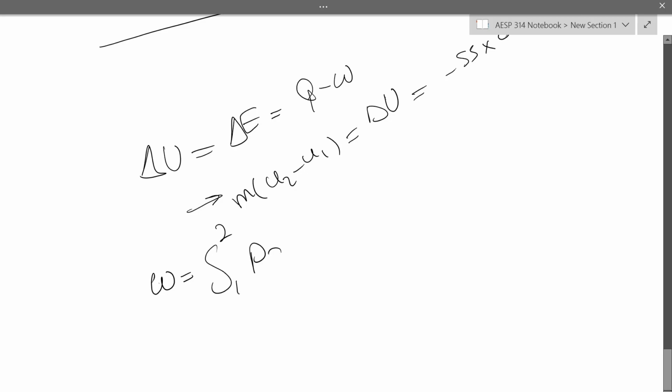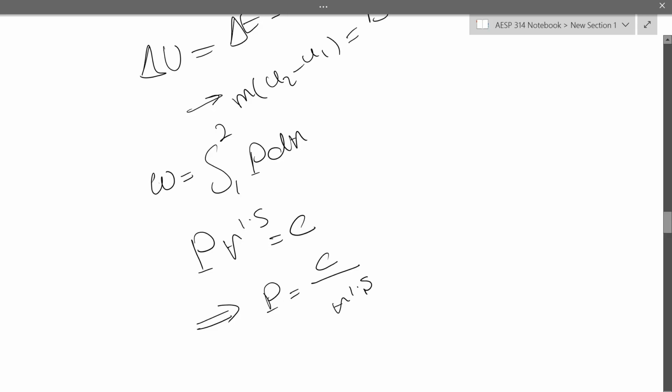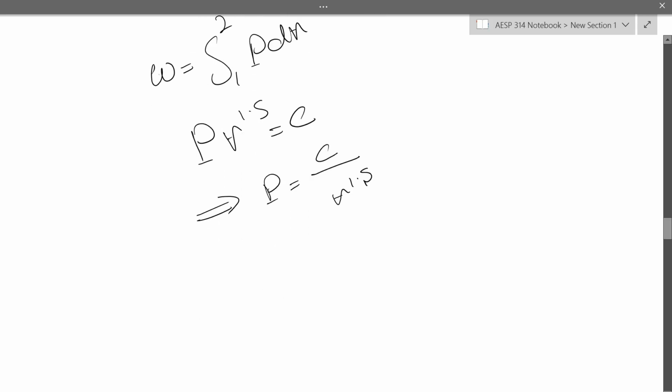We want to take the integral of P dV between states 1 and 2, but we already know that PV to the power 1.5 is constant, right? I'm just going to use a C instead of constant, and then I'm going to write everything as a function of V. So P is C divided by V to the power 1.5.